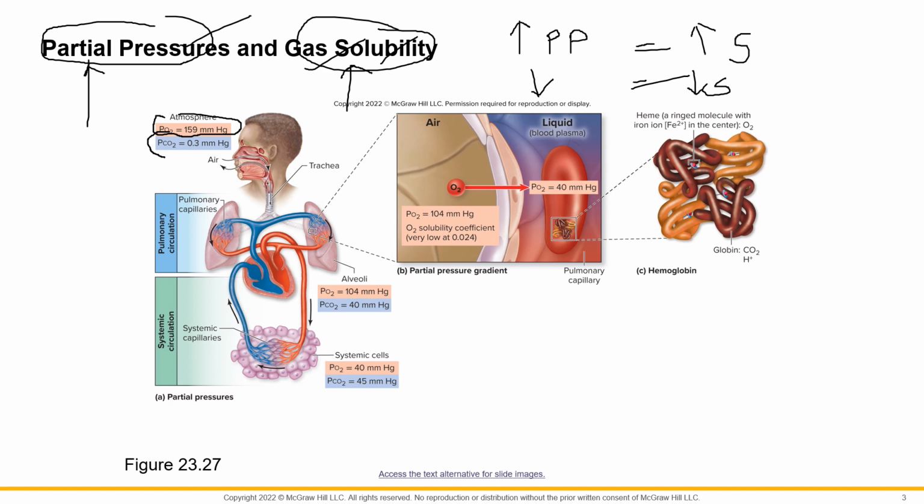Now when you inhale, oxygen, whose partial pressure is 159 millimeters of mercury, enters through your nostrils, through your airway, through your trachea, and from the bronchial tree into each lung. Here is what is happening inside each lung.